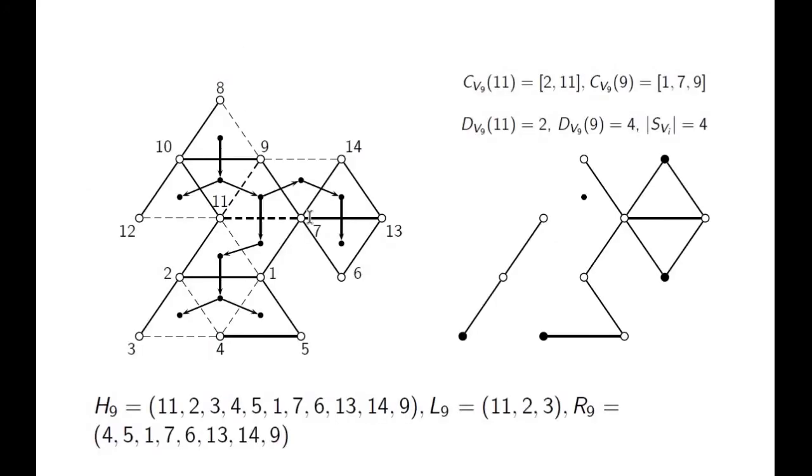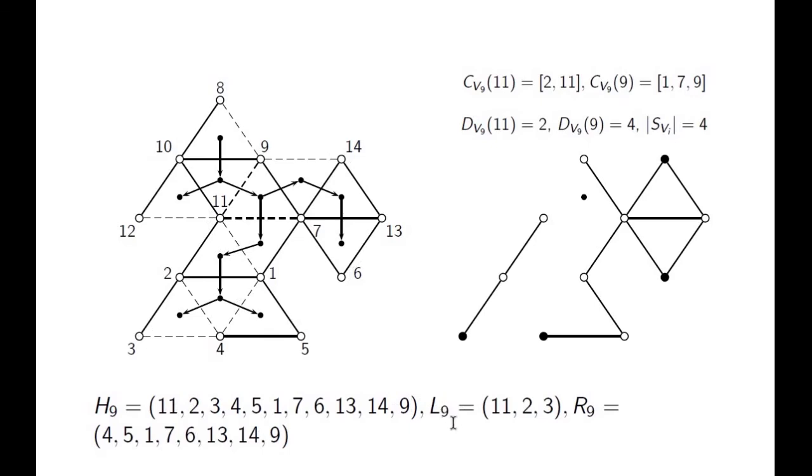On this slide, we can see the earlier example of graph G and some values of the partial solution for v with index 9. H with index 9 is the list of vertices lying on the boundary face of the subgraph G with index 9. So these are all vertices from 11 to 9.